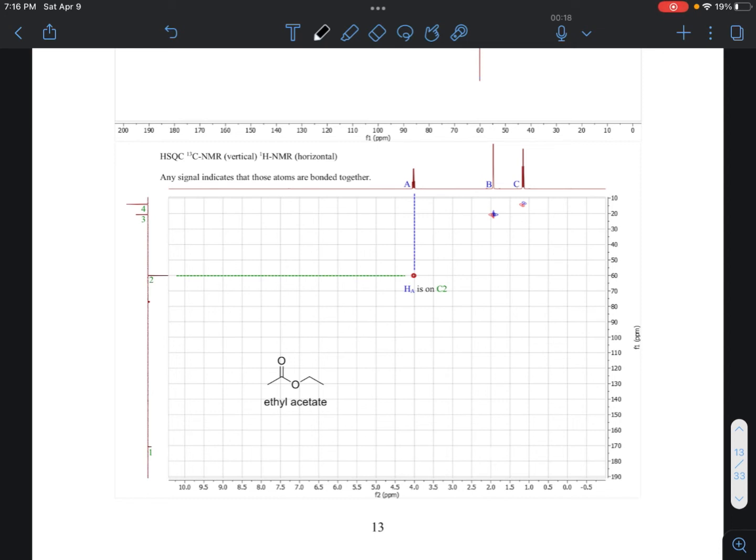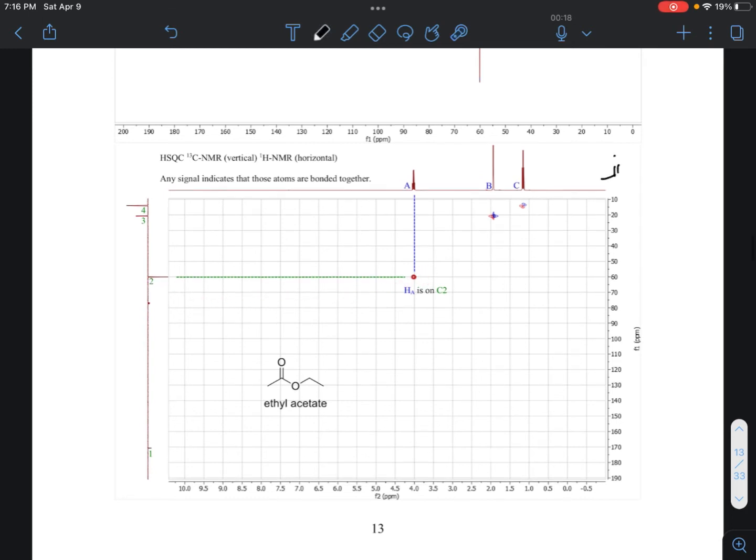So looking at those two, we've already been lucky that we know that A has already been drawn out for us. So I'm going to go ahead and draw the full molecule for us. We know that this is A. And if you're looking at the HSQC, we see that A has a coupling with 2. Okay, so that's that. Then let's look at B and C.